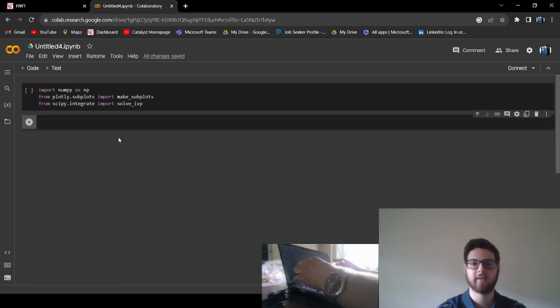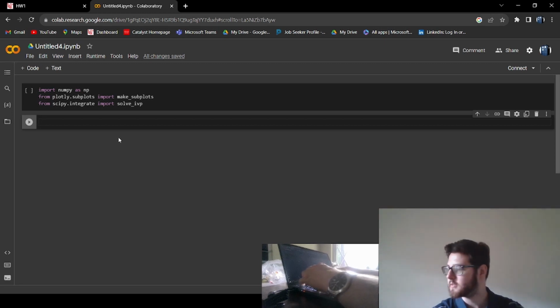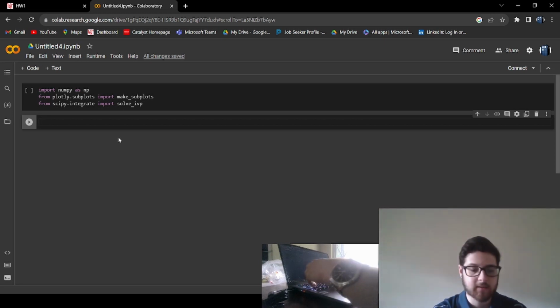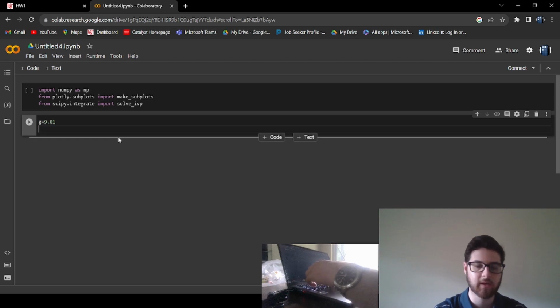We have all of our variables, and I have them written down here so I wouldn't forget. Let's start with G, which is equal to gravity, the gravitational constant, 9.81. We've got the hole, AH, equal to 0.01.